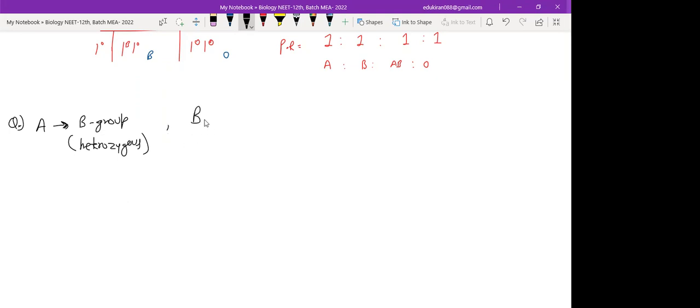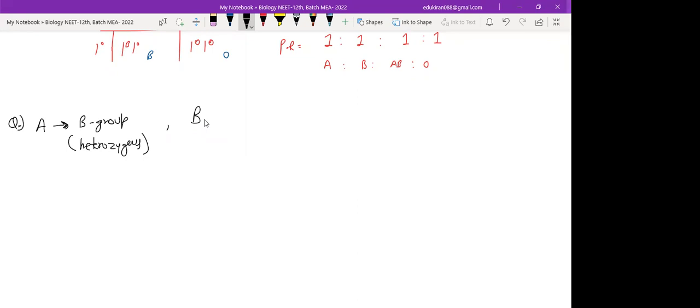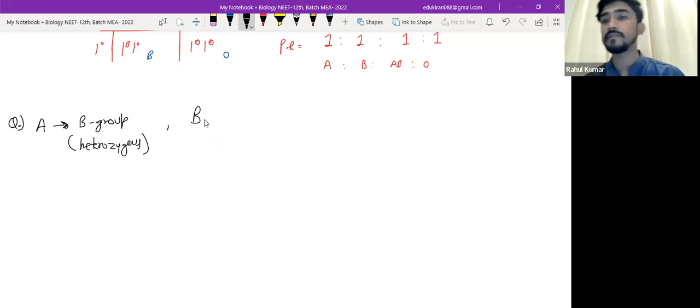Sir, can you repeat from the start? Parent A has a blood group B and is heterozygous for its alleles. This is the information given to you in the question.